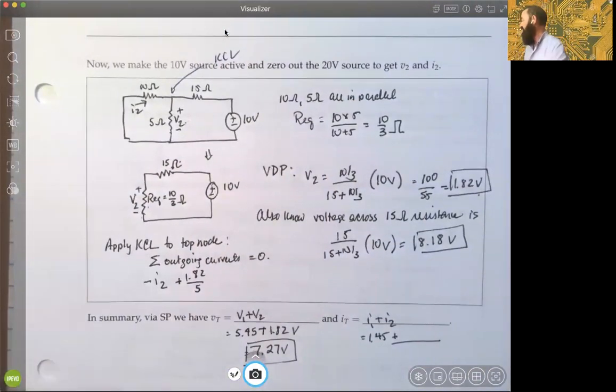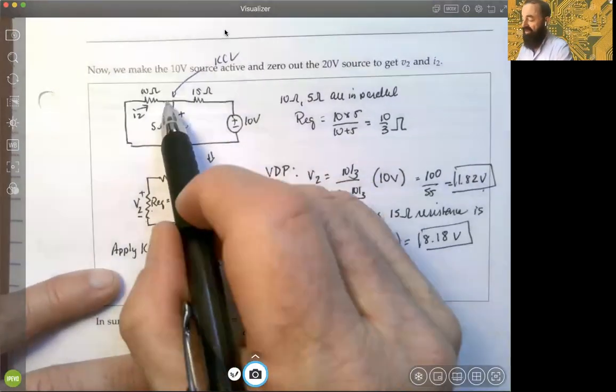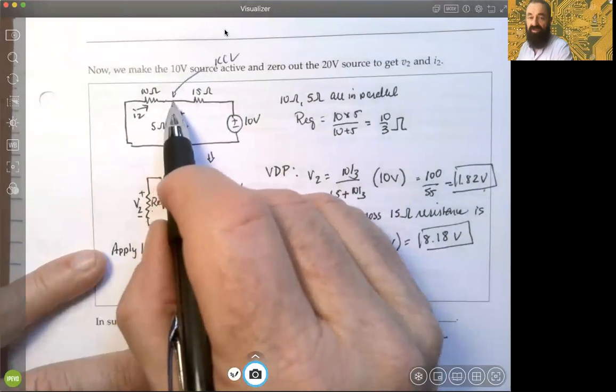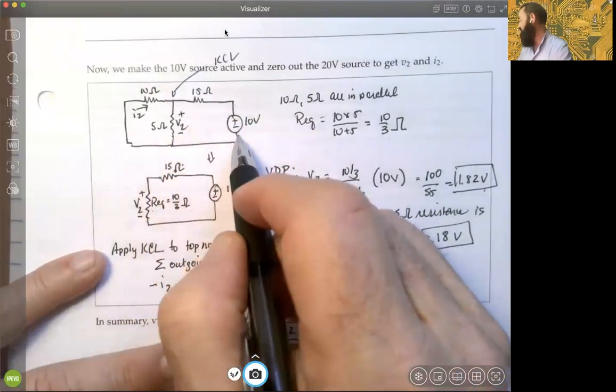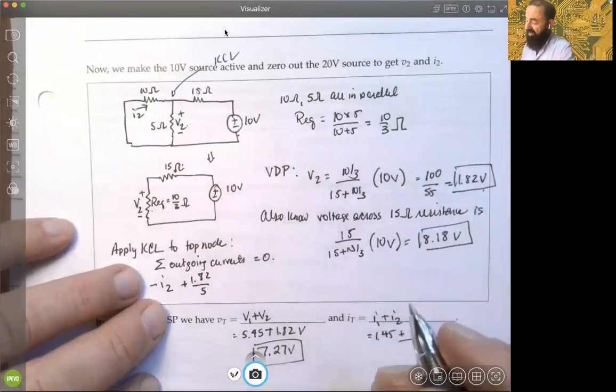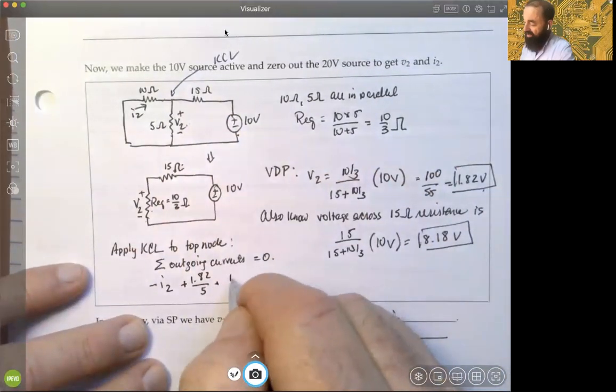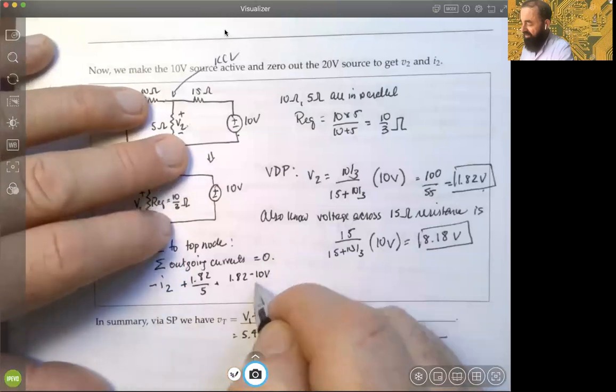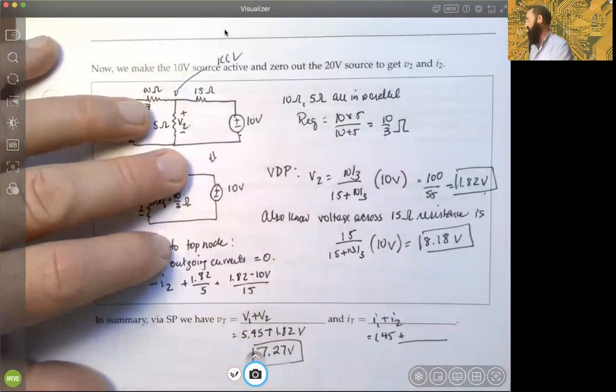And then now I need a representation of the current going this direction, but now it's going from a voltage through a resistance to another voltage. So in this case, it's the 1.82 minus the 10 volts, through the 15 ohm resistance.